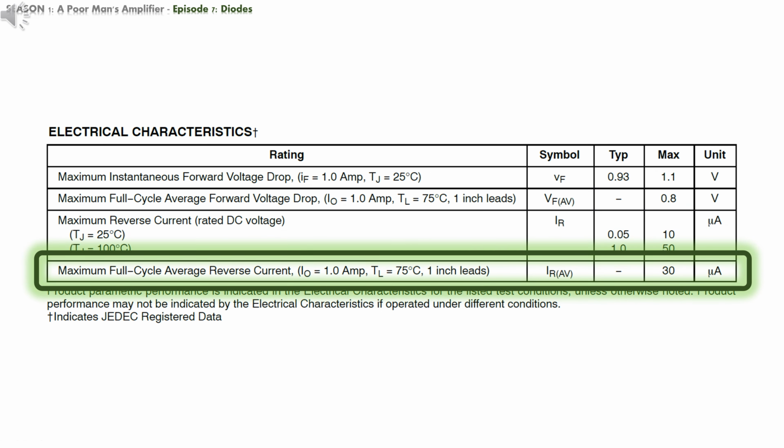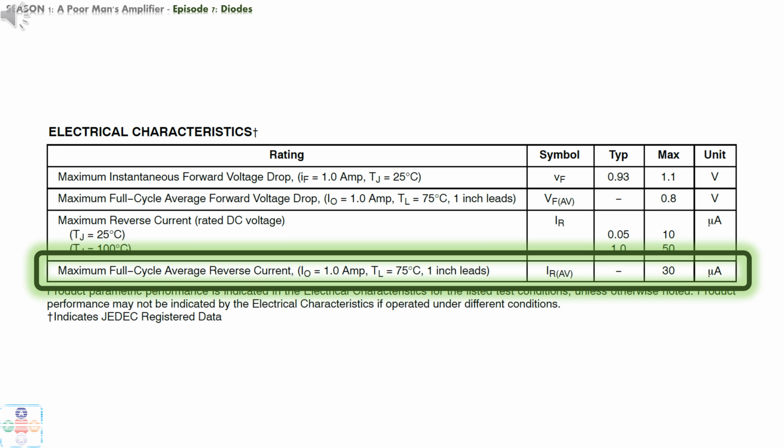The last parameter from our table is called maximum full cycle average reverse current. This parameter is closely related to the parameter above, in the sense that it tells us not the typical and maximum reverse value of the current at peak DC voltage at a specific junction temperature, but rather the maximum average value of reverse current under continuous working conditions.